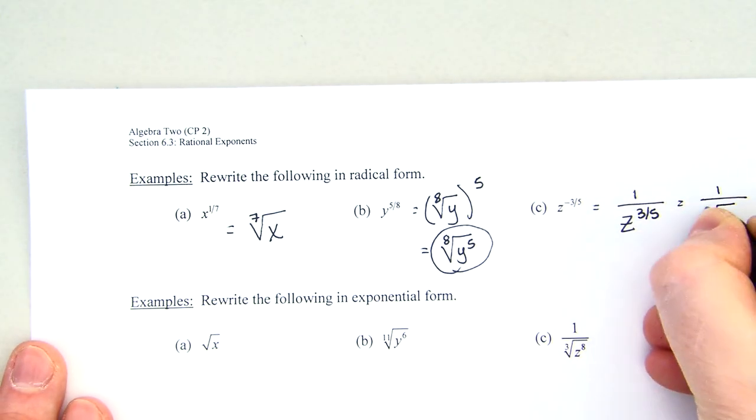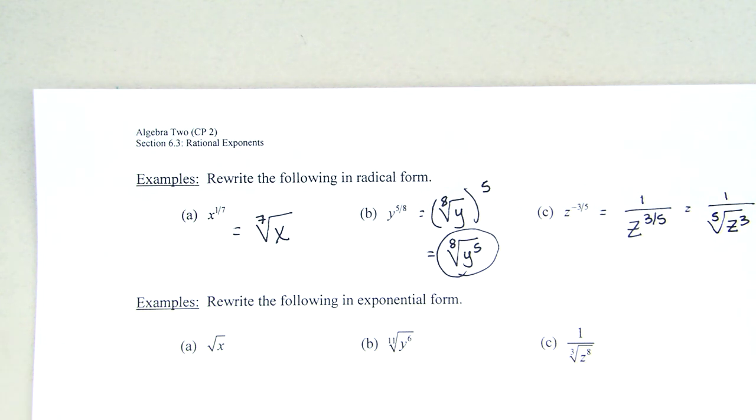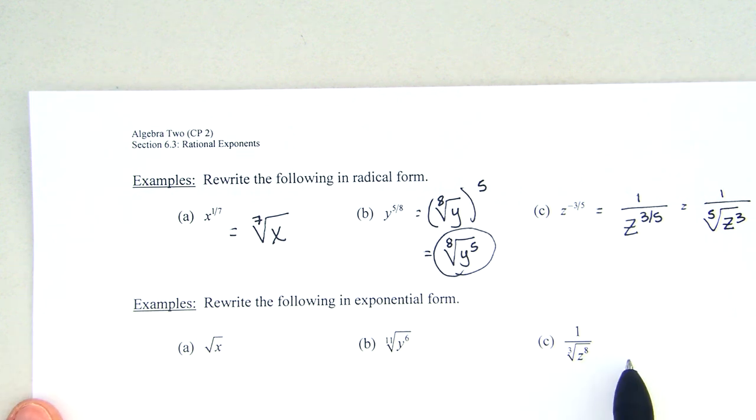Did you say 1 over the 5th root of z to the 3rd? Can you nod if you're kind of with me? Just so I get a sense of where we are. Maybe I don't have to teach you the next thing.